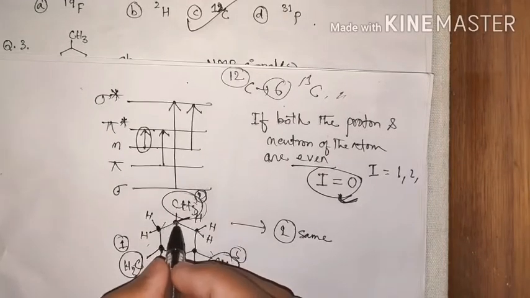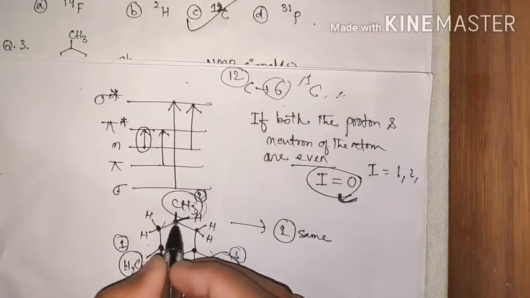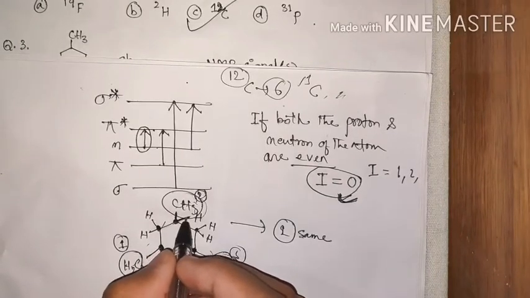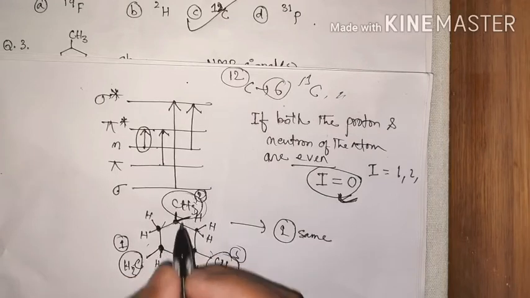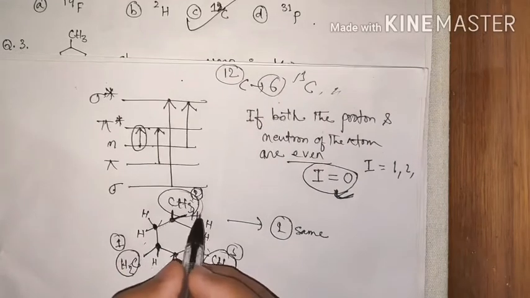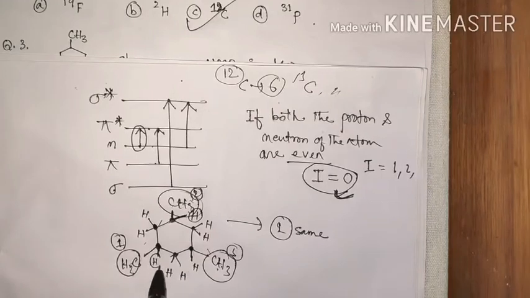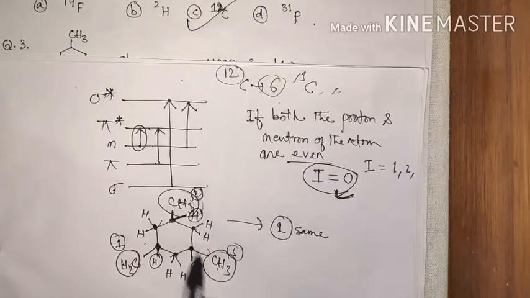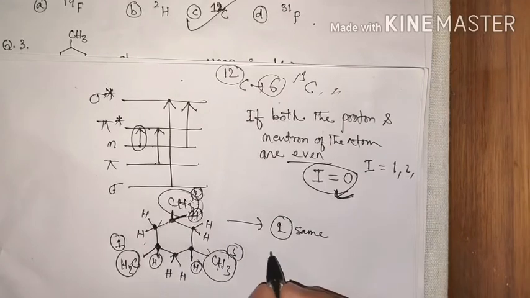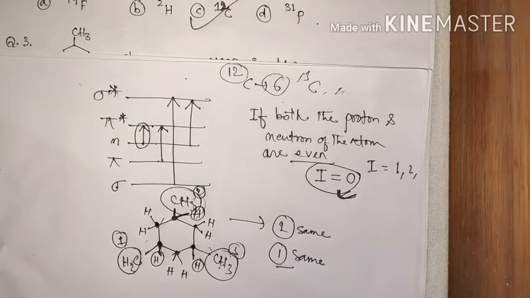So to this carbon atom to which the methyl group is attached, hydrogen is also attached. That means here is also hydrogen, and here we have hydrogen, and here also we have hydrogen. So all these 3 hydrogens are in a similar environment like this methyl, so they will give a single signal.